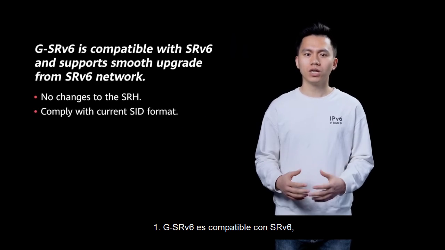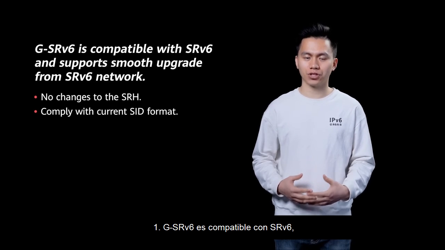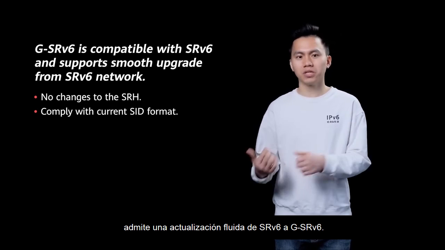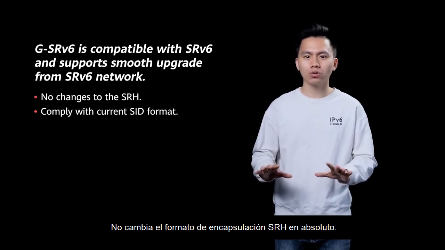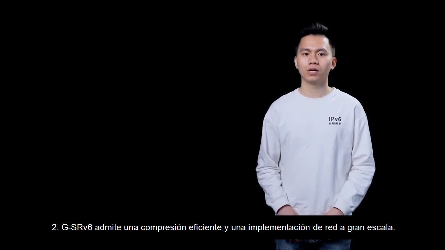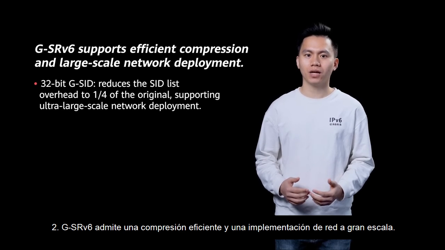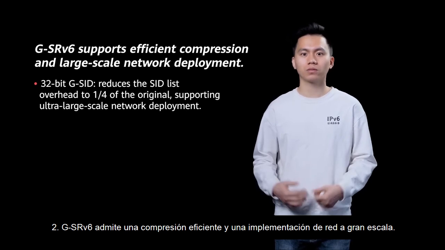First of all, G-SRv6 is compatible with SRv6. It supports smooth upgrade from SRv6 to G-SRv6, and it does not change the SRH encapsulation format at all. Secondly, G-SRv6 supports efficient compression and large-scale network deployment.